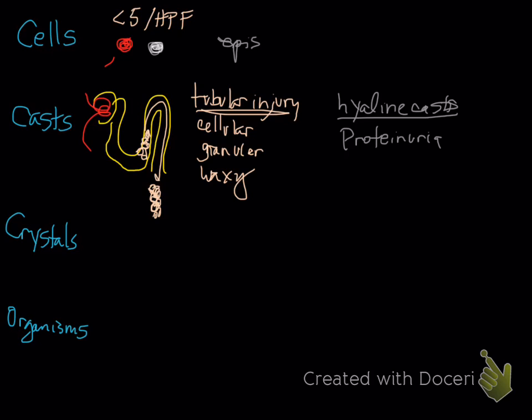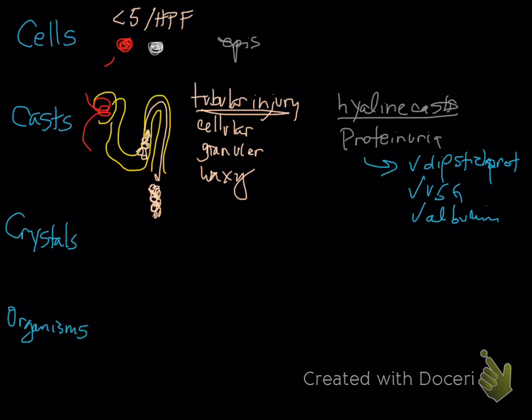So before you go crazy looking at these, you want to check the dipstick protein. And you want to, of course, check the urine specific gravity. And you want to check the patient's albumin and see if you have a protein-losing nephropathy, or is it more likely concentration of normal distal proteins.